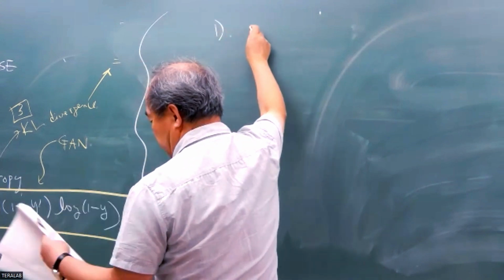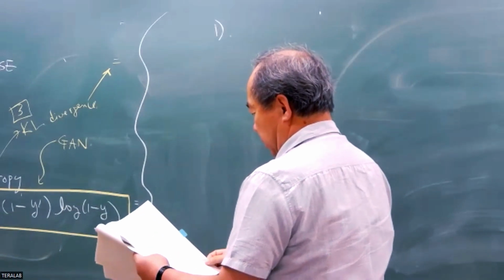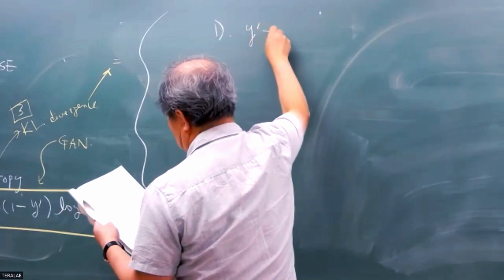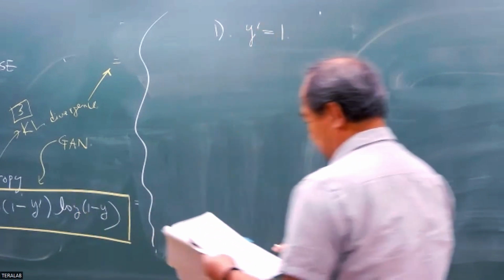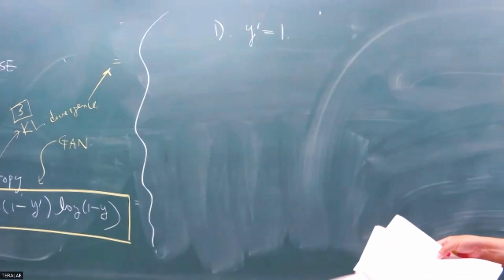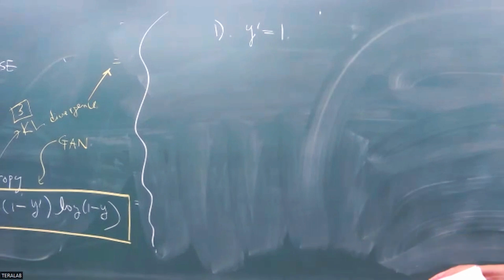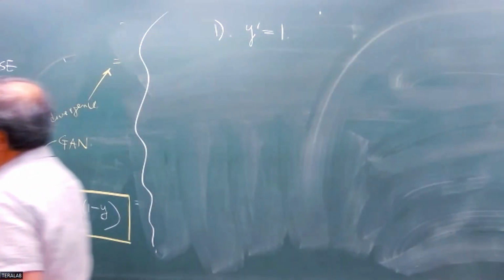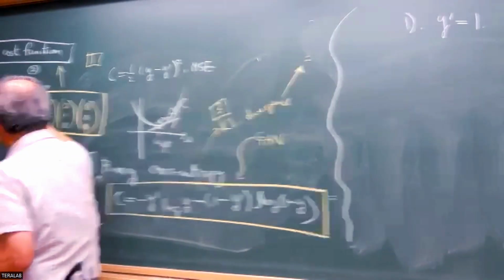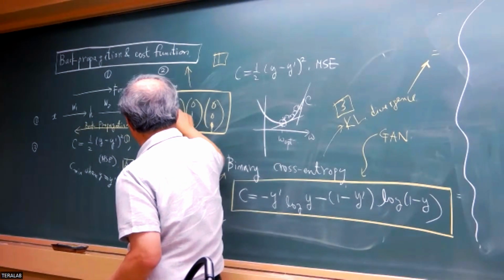Let's assume in the binary y dash case, whether your picture is a tiger, then the y vector will be 1, 0, 0.